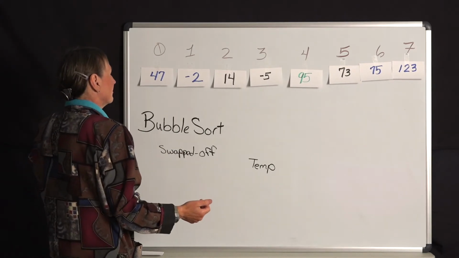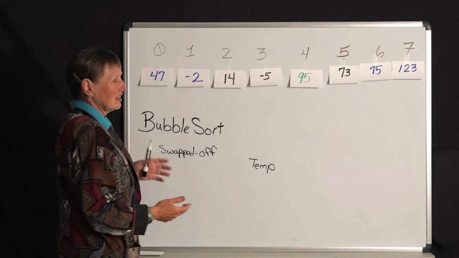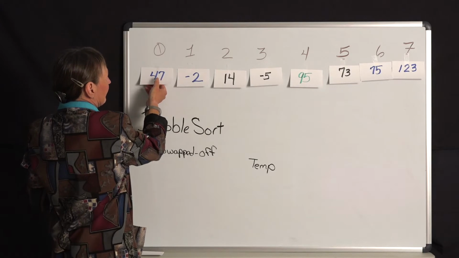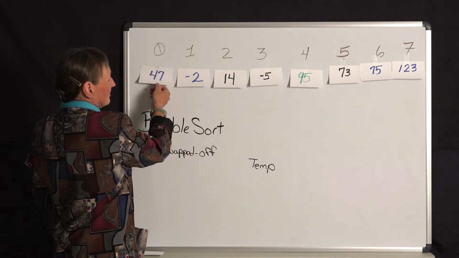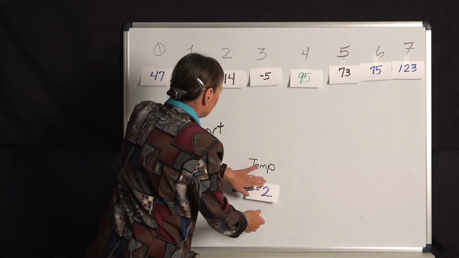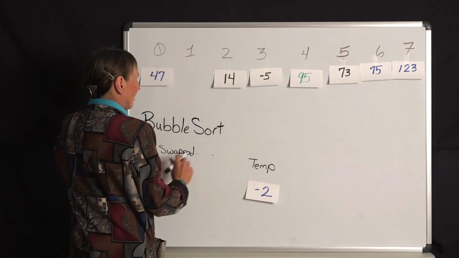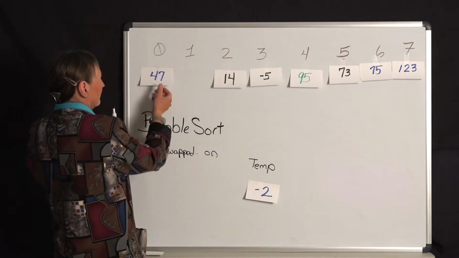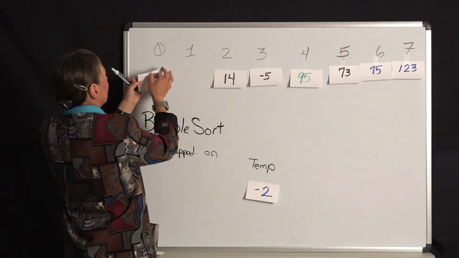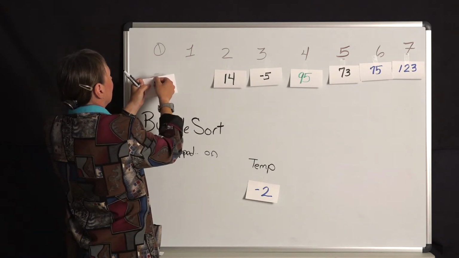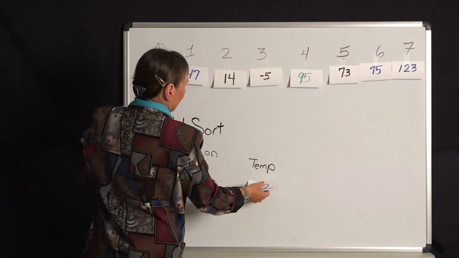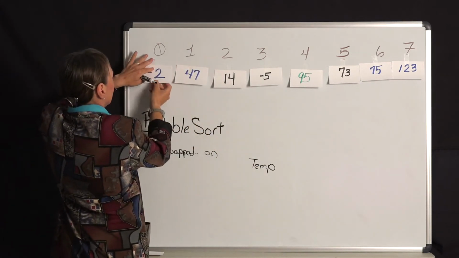So we come back here, take a look at our numbers, and we say, yep, -2 is definitely less than 47, so -2 goes into the temporary location. We now turn swapped on. Move 47 over and -2 here.